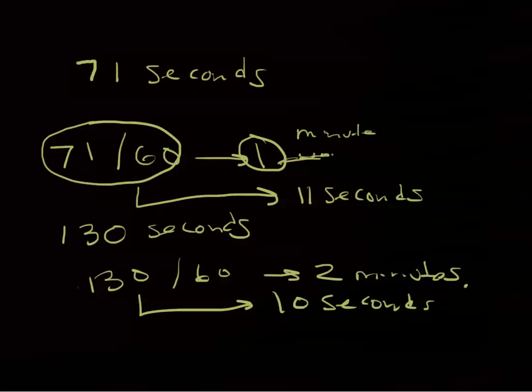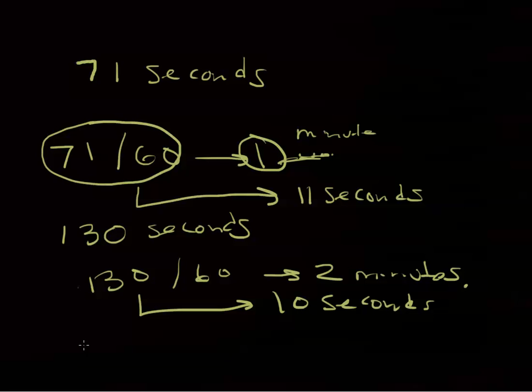Well, we know that 71 divided by 60 is 1 with a remainder of 11. If we remember our long division, 130 divided by 60 is just 2 with a remainder of 10. How do we get the remainder? Do we have an operator that can do the remainder of an integer division?